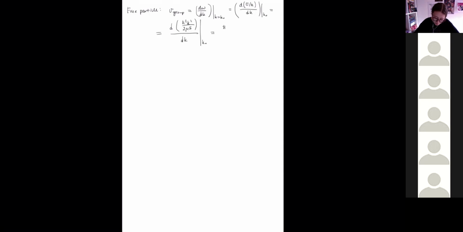We differentiate, getting h bar over 2 mu times 2k at k0, and we get h bar k0 over mu. For example, if we look at the Gaussian, then h bar k0 corresponds to the expectation value of the momentum. So we can also write it as the expectation value of the momentum over mu.